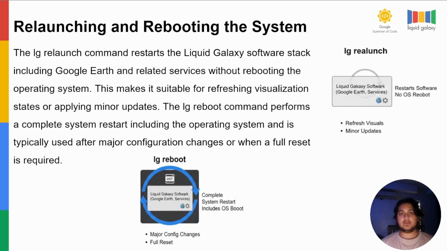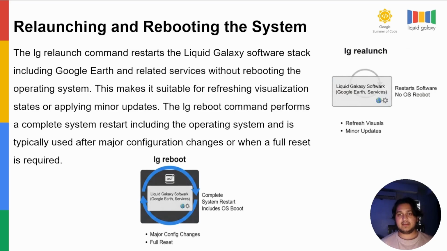Now let's talk about some important Liquid Galaxy commands which can be useful when building our own Flutter application and can be sent through SSH. For example, here we have relaunching and rebooting system commands. lg-relaunch helps us restart our Liquid Galaxy services without rebooting our entire system. This is useful to refresh our visualization state and reload configurations.